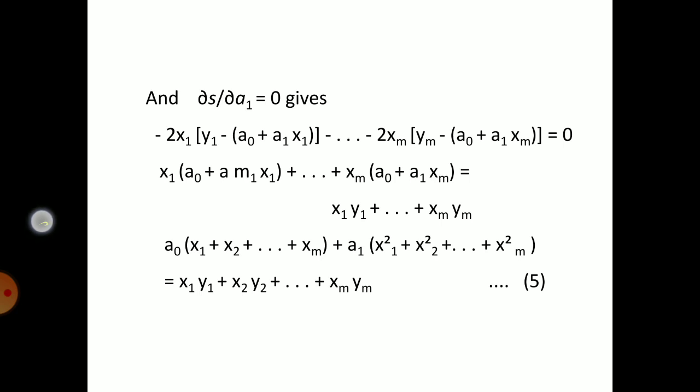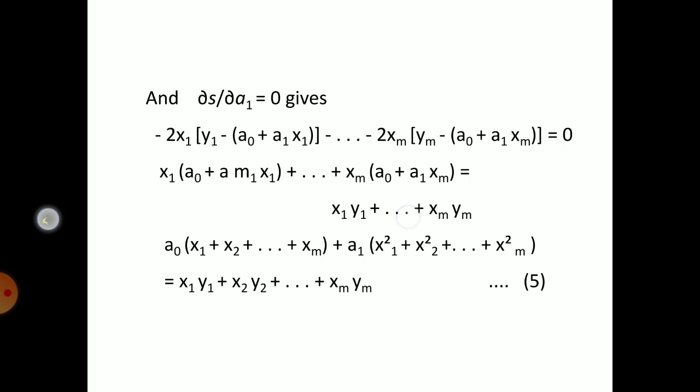Then there is x1, you can multiply by x1 here, and as in the previous case this first term is x1 y1 plus x2 y2 up to xm ym.